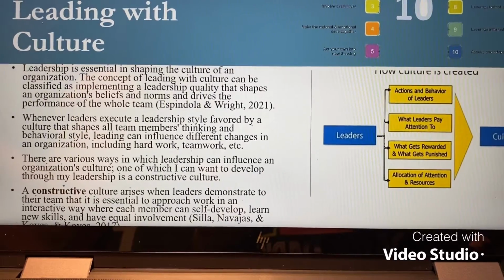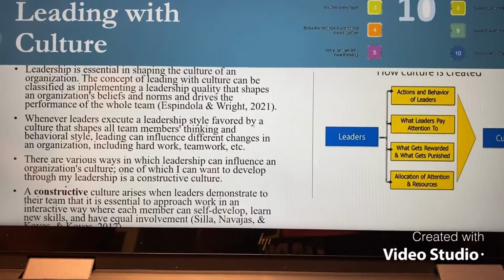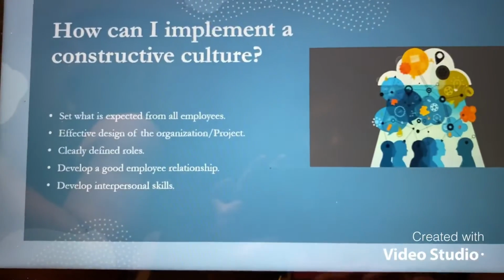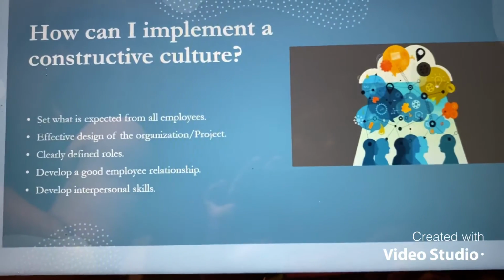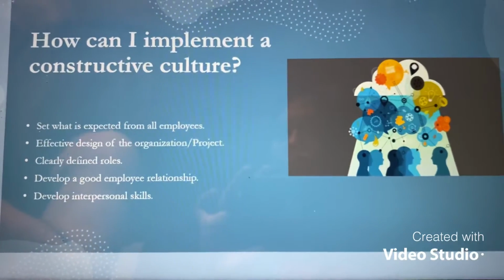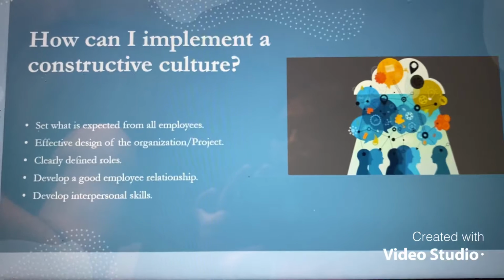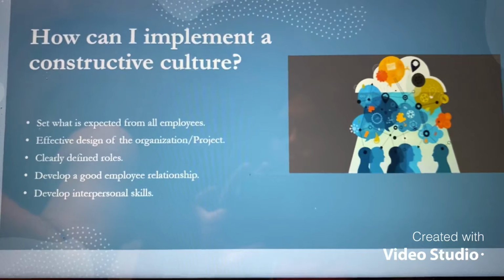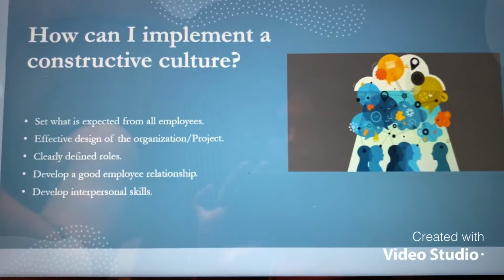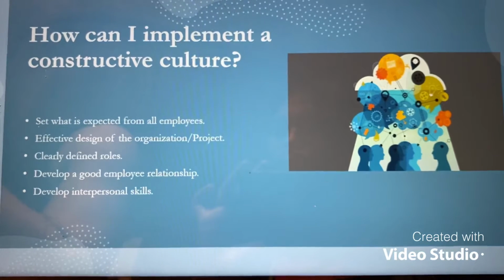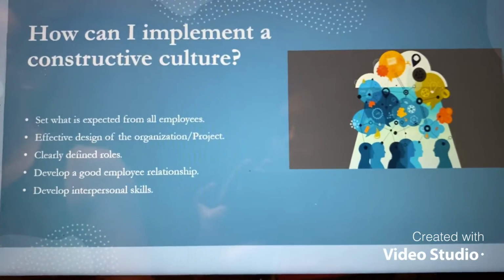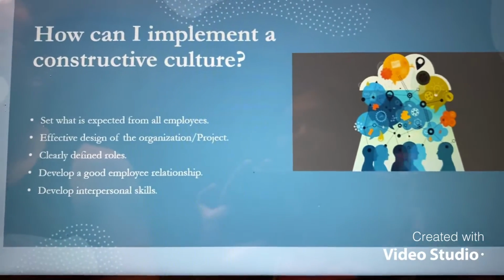To achieve a constructive culture, a leader should consider various approaches and a set of guidelines as follows. 1. Set what is expected from all employees. This means that each employee should understand their roles within the team and understand that they are held accountable for failing to meet their objectives and goals. 2.